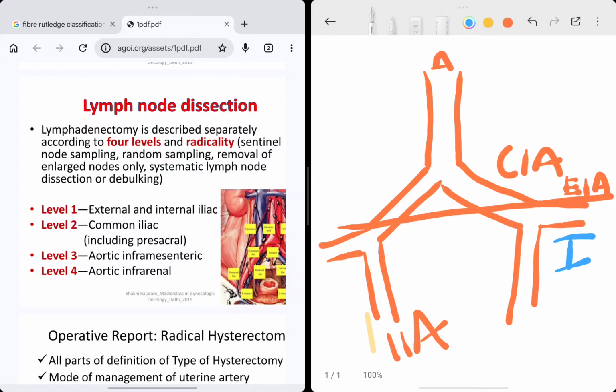If the division is at the bifurcation of the aorta into the common iliac arteries, this is level 2.